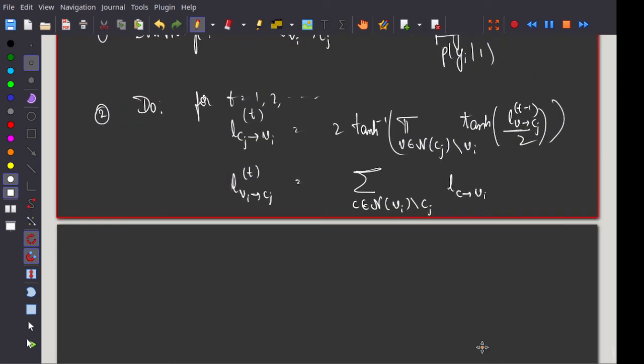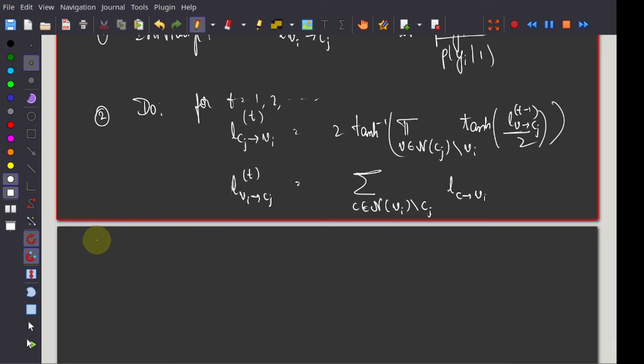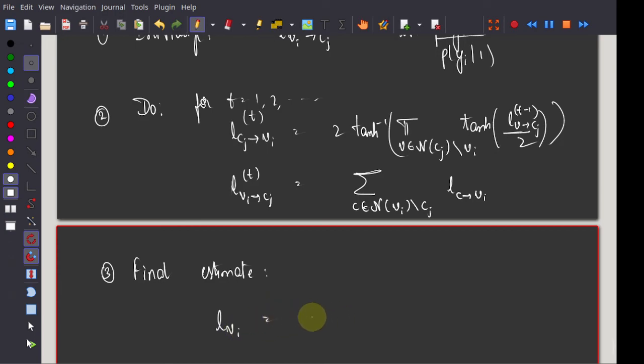Okay, but now you need to, of course, do a final estimate. So what is the final estimate going to be? The final estimate is what we'll call the belief, right? Or in other words, the log of the beliefs. So I'll call this L_vi, and this is obtained by summing over all the neighbors.